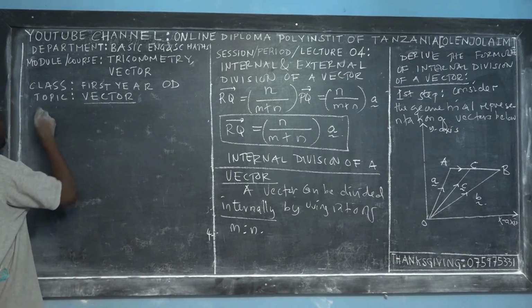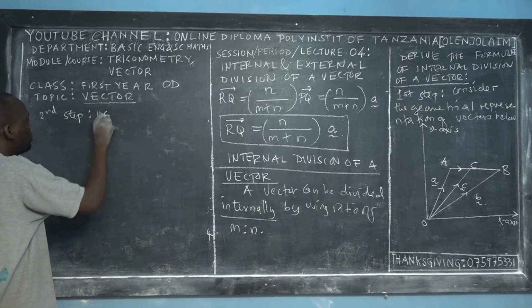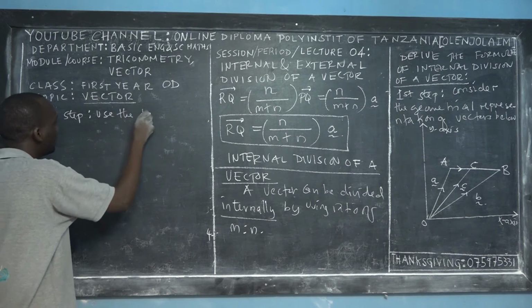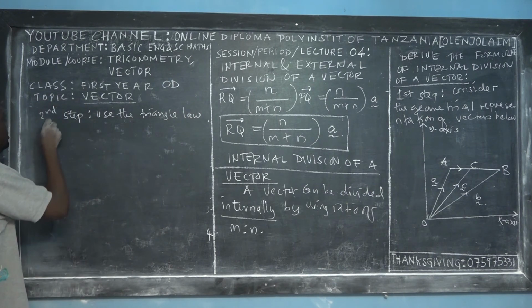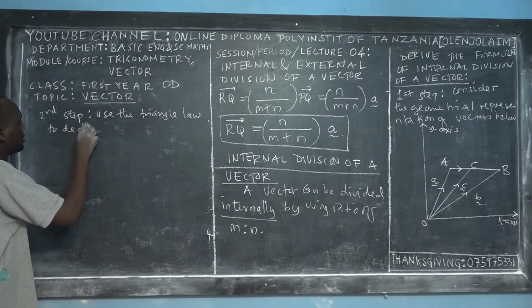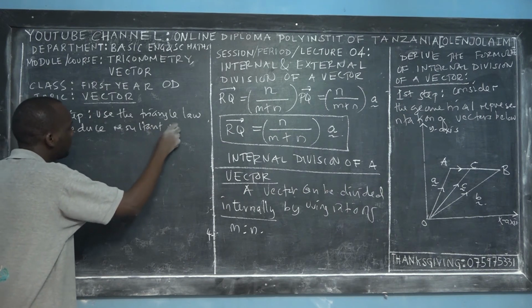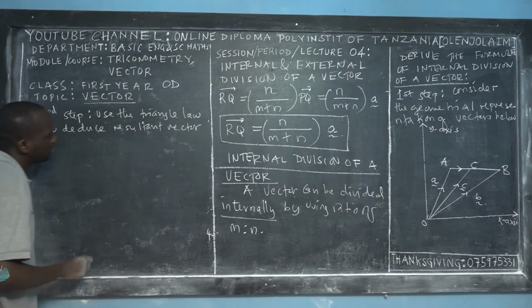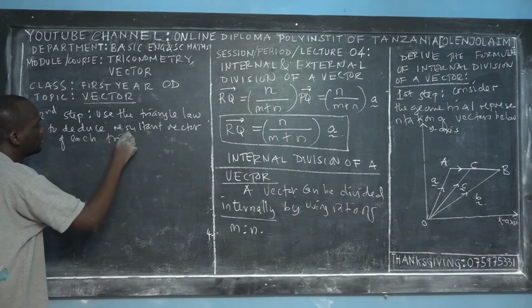So the second stage is to use the triangle law to deduce the resultant vector of each triangle.